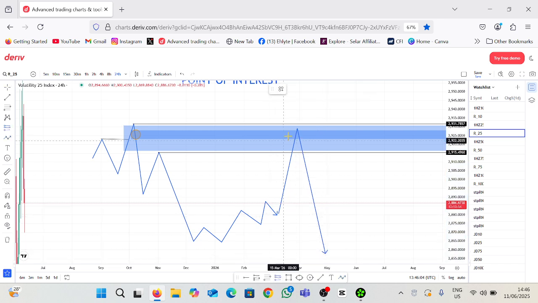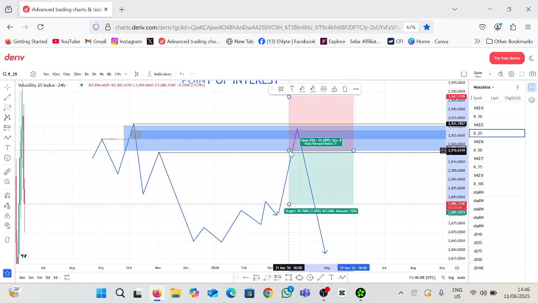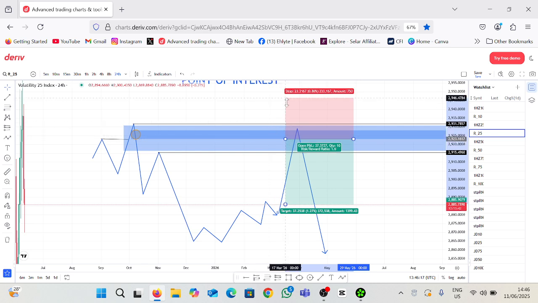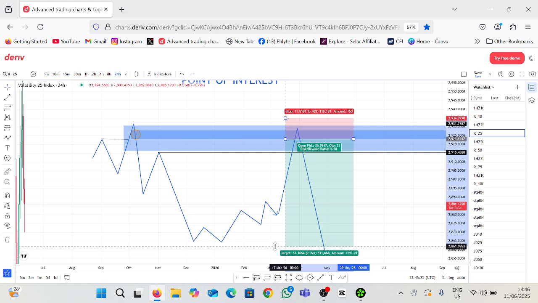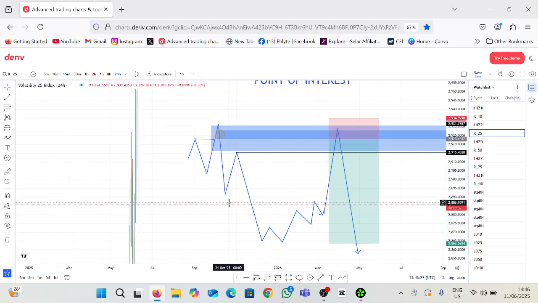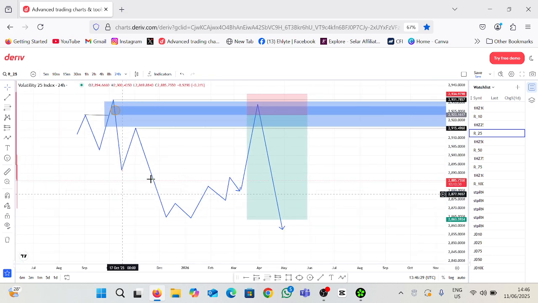That's just it. Instead of putting my entry from this point, I will put my entry from where my order block or my supply level is, put my stop loss slightly above my protected high, and then mark down my profit level. And that is it.